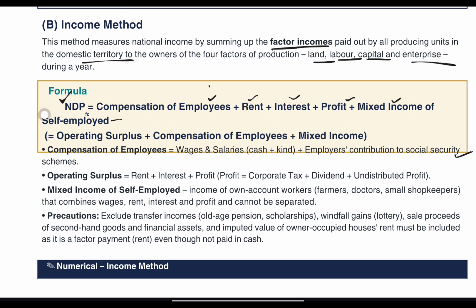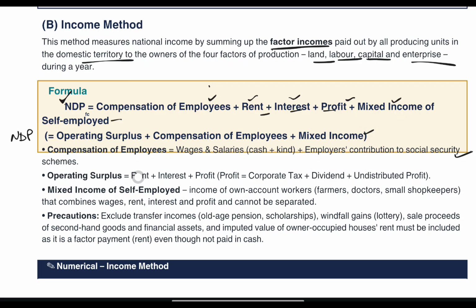So another term for this formula: NDP is equal to, we can term rent, interest, profit as operating surplus, and the others like compensation of employees and mixed income will remain the same. Okay.